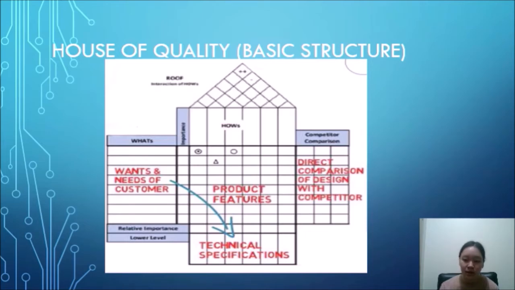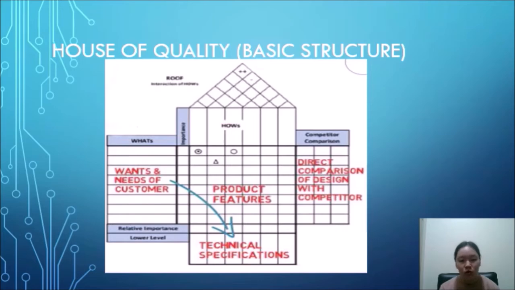Then the right side bar is the comparison of design with competitor. At the bottom is the technical specification, referring to the what's. The square matrix in the middle is used for correlation analysis between what's and how's.